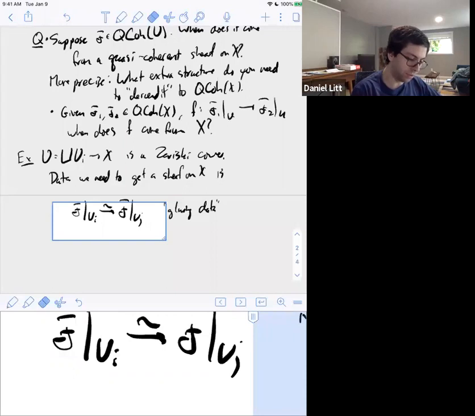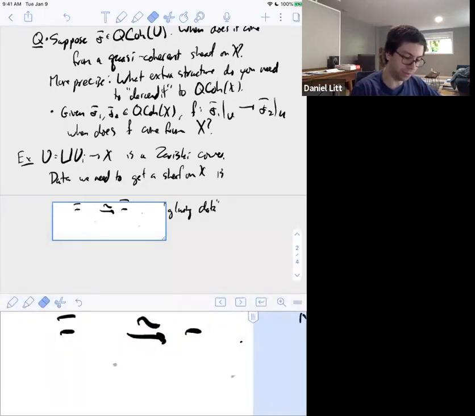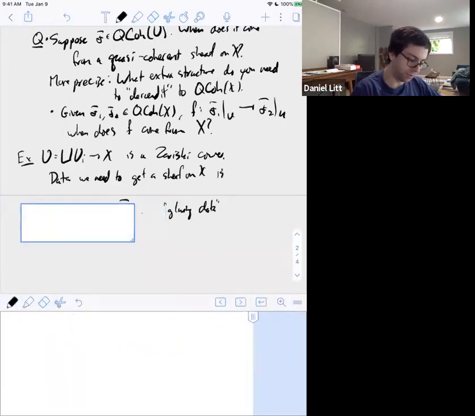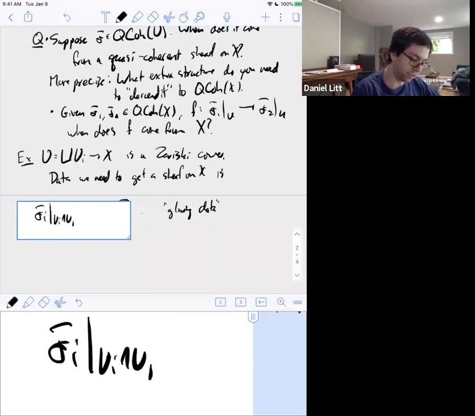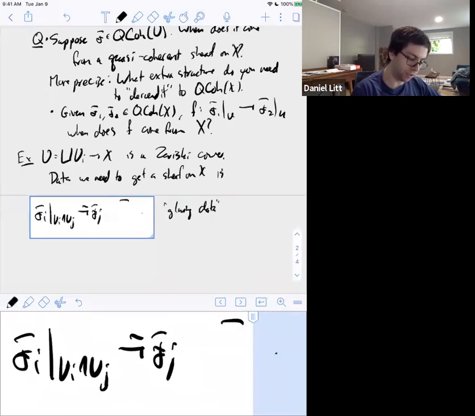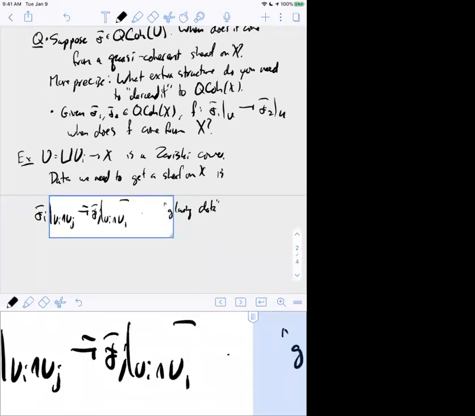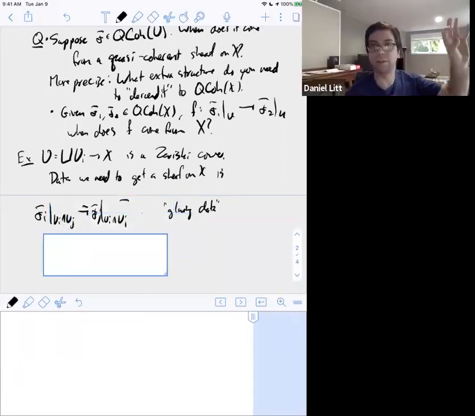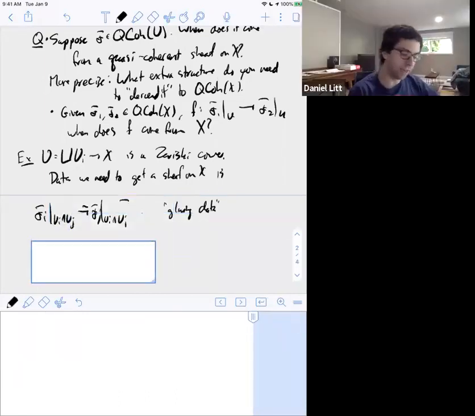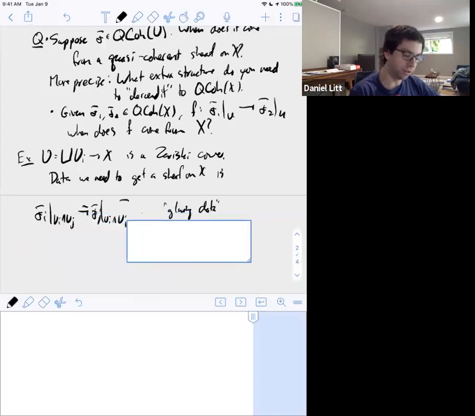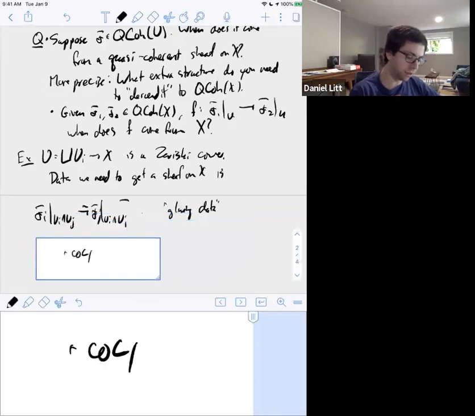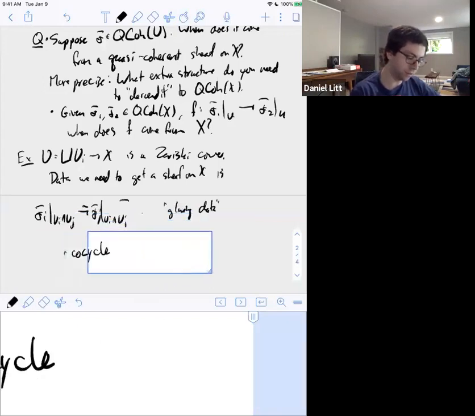Let me write it this way: we have F_i restricted to U_i intersect U_j, and we need an isomorphism between that and F_j restricted to U_i intersect U_j, where F_i is the sheaf given on U_i. And then we need a cocycle condition on triple intersections.